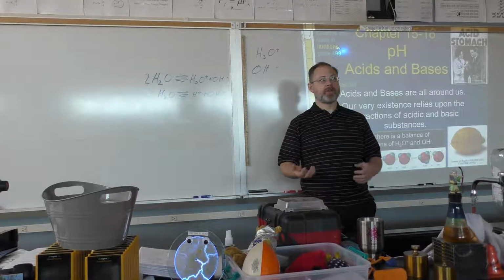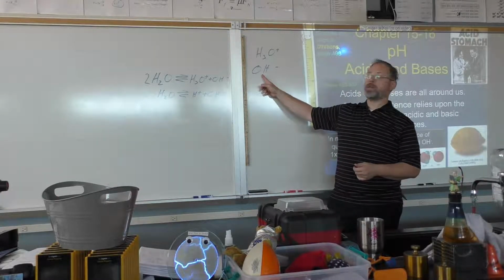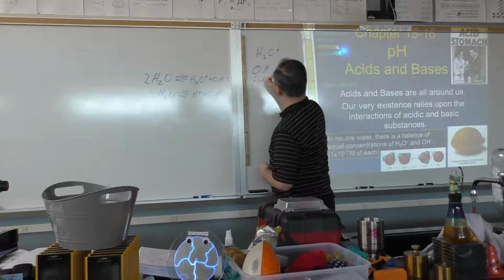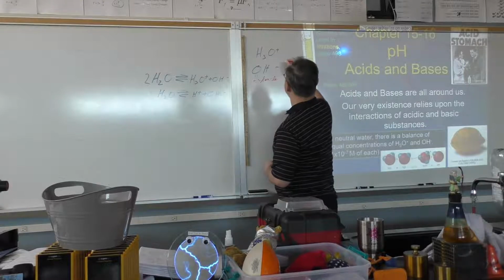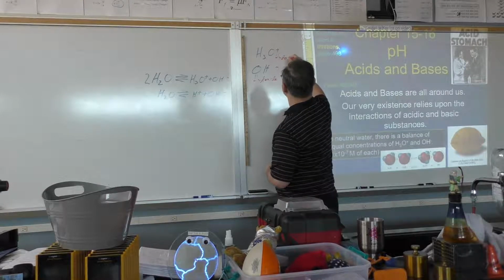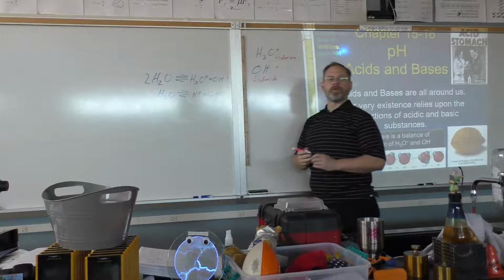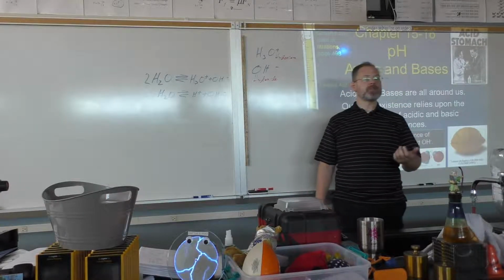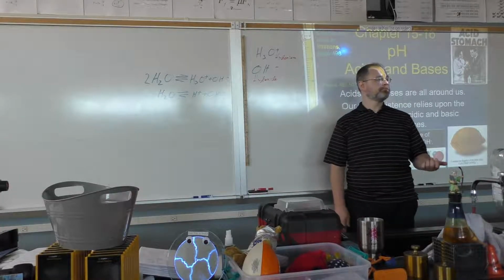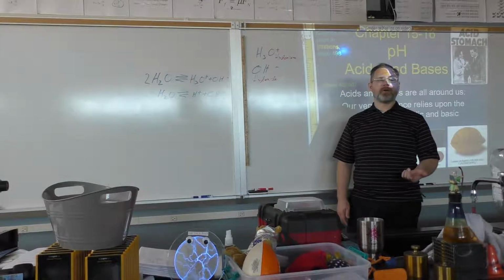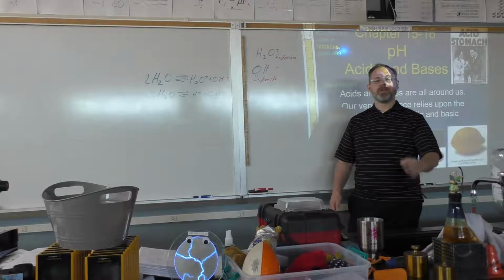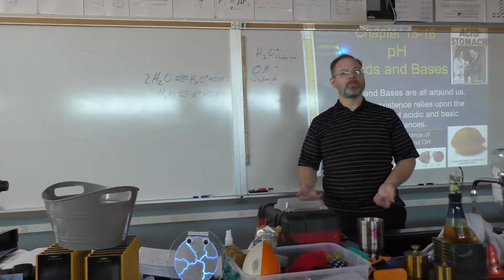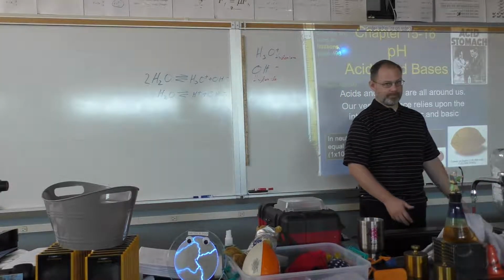Now, there's a couple other things you need to know. This is hydroxide, and this is hydronium. Okay? So the H3O plus ion is called hydronium, and the OH minus is called hydroxide. Cool? Now, the H plus by itself, not attached to a water molecule, has a special name because it's named what it is.